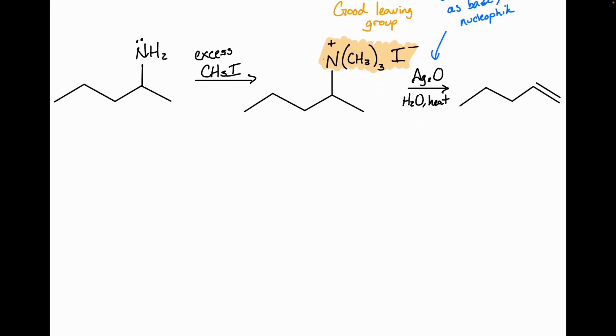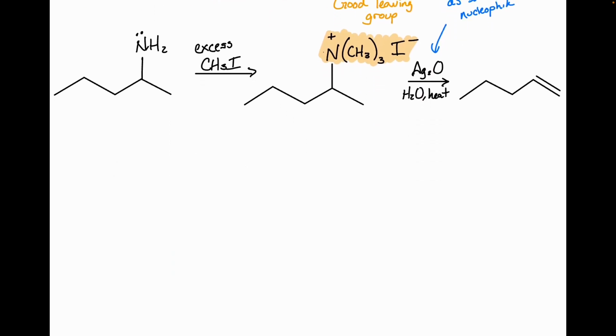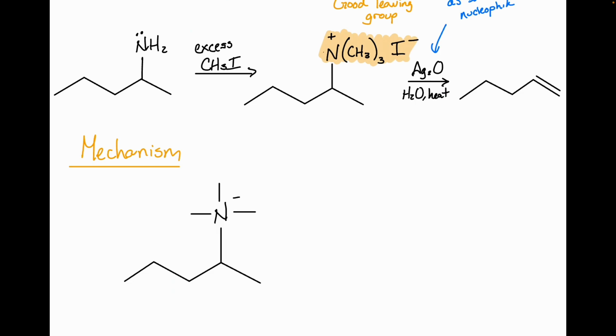So if we look at our mechanism here, okay, we have that quaternary ammonium salt. I'm going to draw it out here with its 3 methyl groups to make a point.